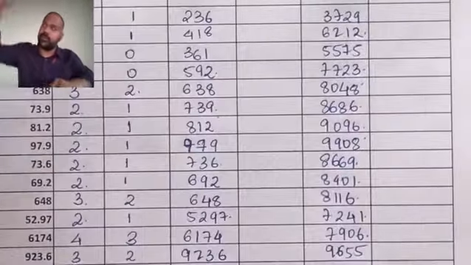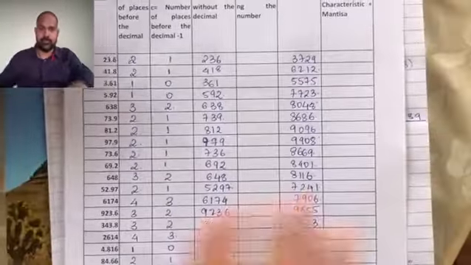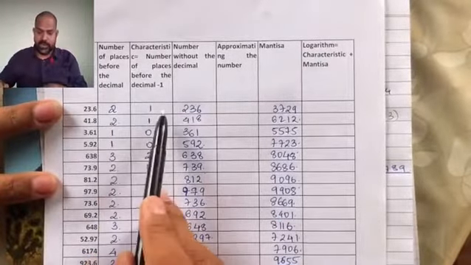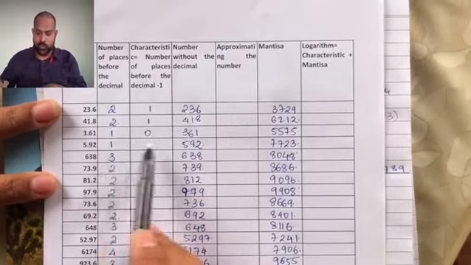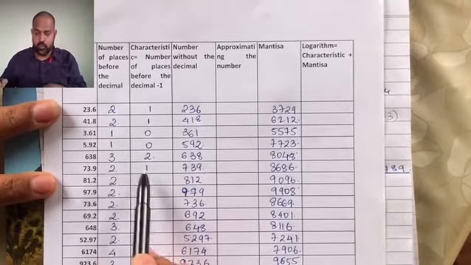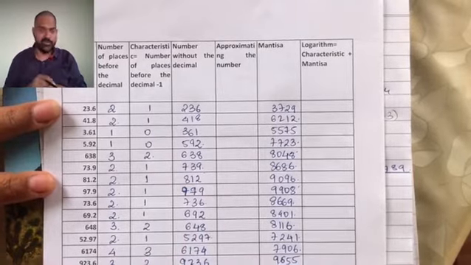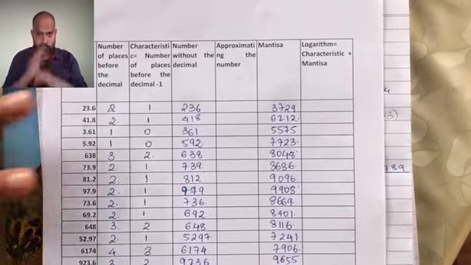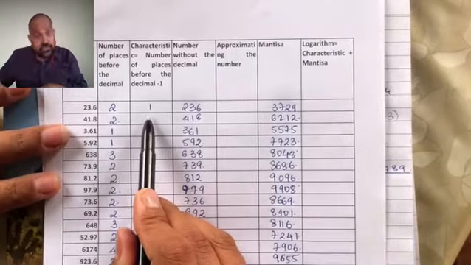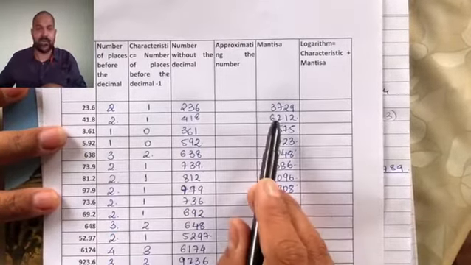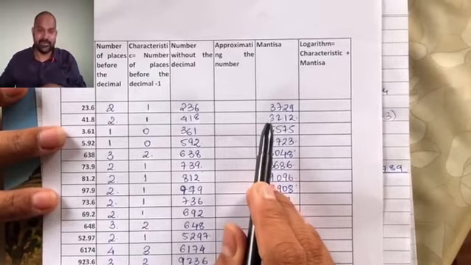Let's come back to the table. Number of places is 2, characteristic is 1; 2, 1; 1, 0; 1, 0; 2, 3; 0, 2, 0. It's always and always an integral value, whole number, never a decimal. So, characteristic is always integral, and therefore mantissa is always decimal.